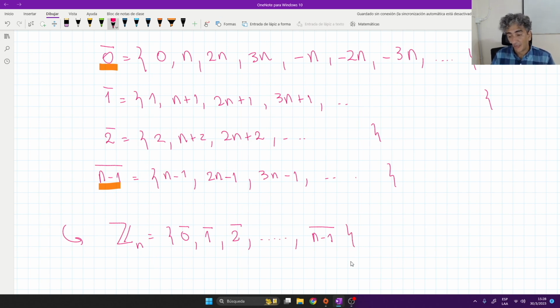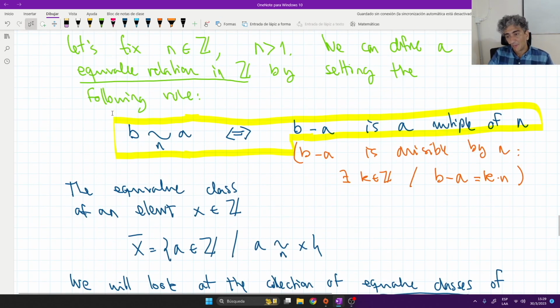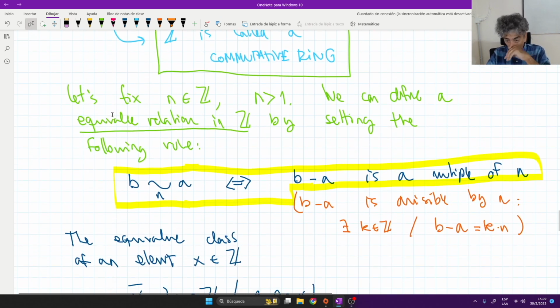If I wanted to look at the class of n, it will coincide with this one, right? So the set Z sub n is a finite set, right? So with the help of the equivalence classes, we were able to transform this infinite set into a finite one.